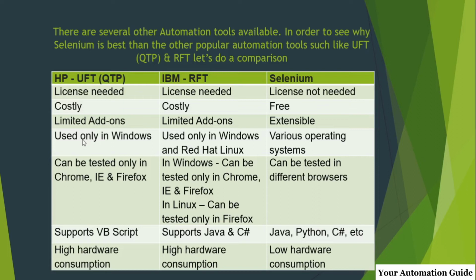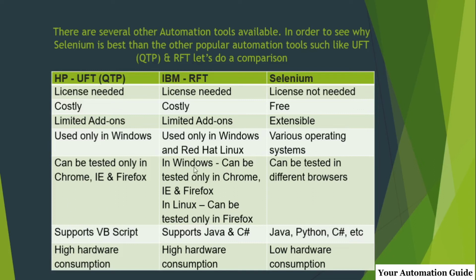The fourth comparison is that UFT is used only on the Windows platform, and RFT is used on Windows and Red Hat Linux platforms. But Selenium you can operate on various platforms, various operating systems such as Windows, Linux, iOS, and much more. And the fifth one is that UFT can be tested only in Chrome, Internet Explorer, and Firefox.